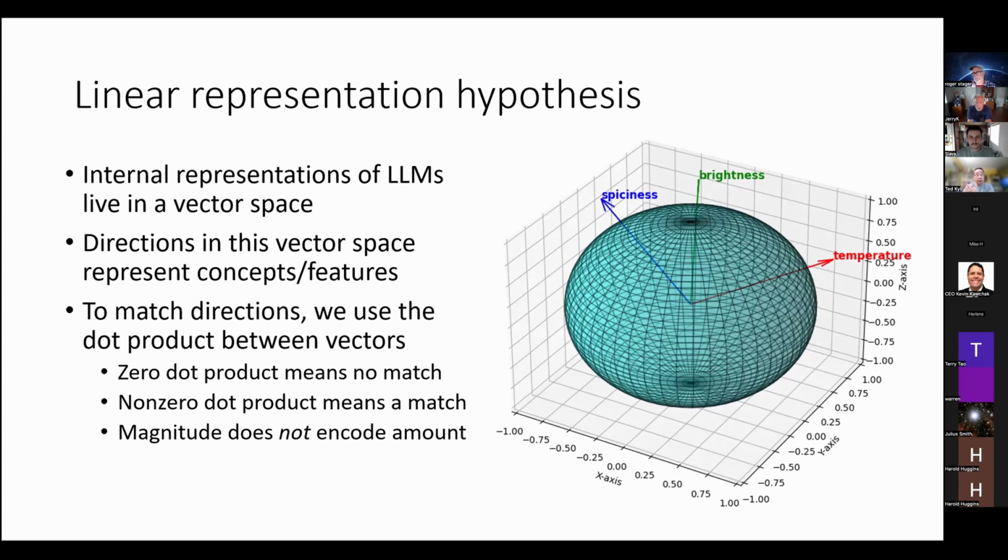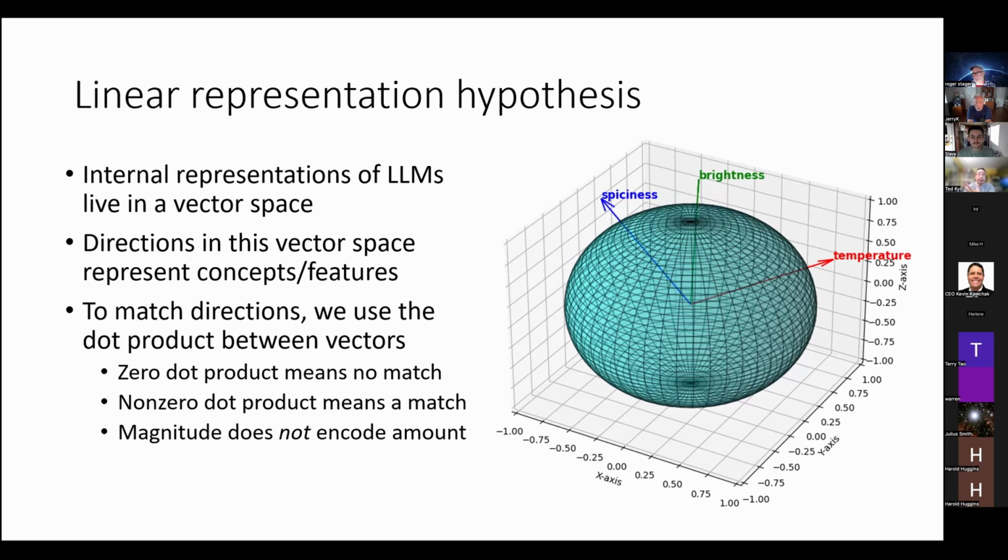If you do the dot product with a canonical vector, then anything that's in the direction of that vector will match, and anything else, because all the other directions are orthogonal to it, will give you a 0 on your dot product and will not in any way interfere with the calculation of what you're trying to measure. So if you only had 4,000 concepts, you can represent them perfectly using an orthogonal basis.